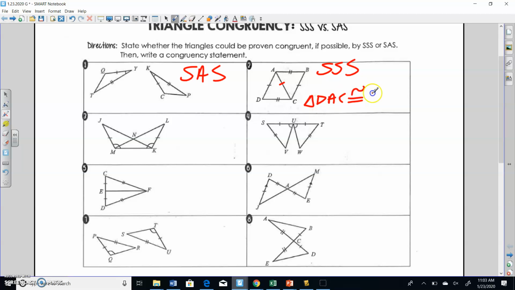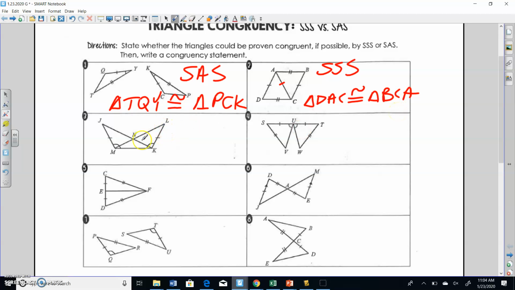It would be congruent to triangle BCA. So this triangle TQY would be congruent to triangle PCK. Okay, so you might have it in a different order here, which means your letters would be in a different order there. Just make sure they're in the same spot on both of your triangles.